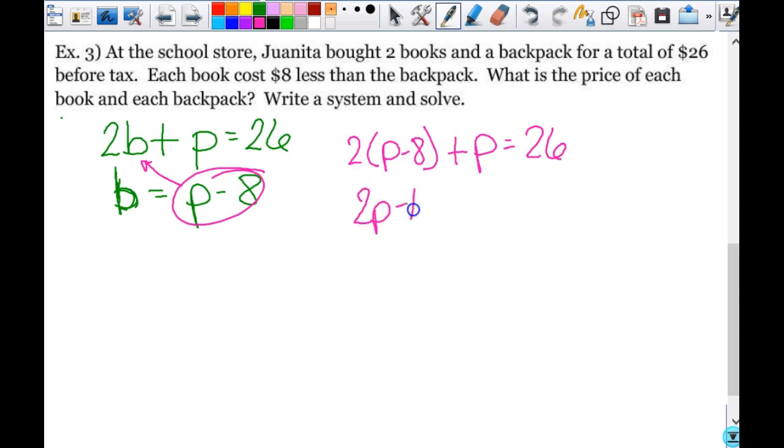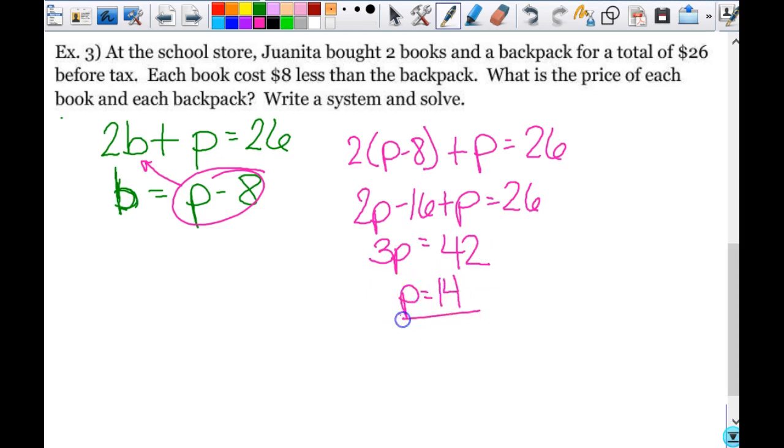So 2P minus 16 plus P equals 26. And so 3P equals, what's 26 plus 16? 42. Do 26 plus 10, that's 36, plus another 6, that's where you get your 42 from. Then what's 42 divided by 3? 14. So P is equal to 14.